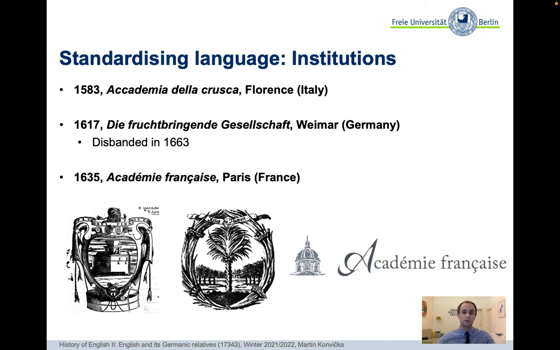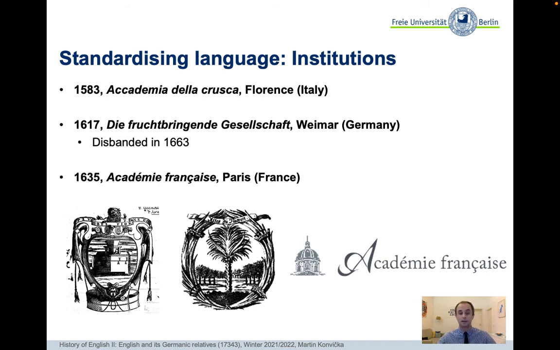Similarly, in Germany, in Weimar, in 1617, we have the Fruchtbringende Gesellschaft, also an institution whose aim was to standardize the German language.